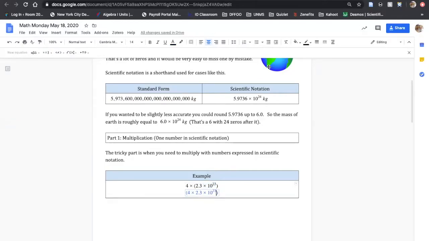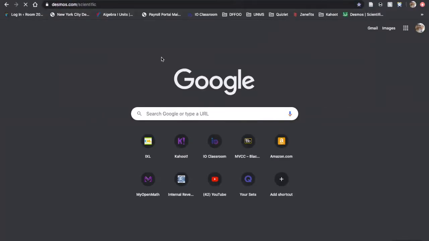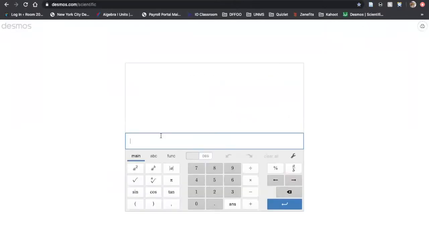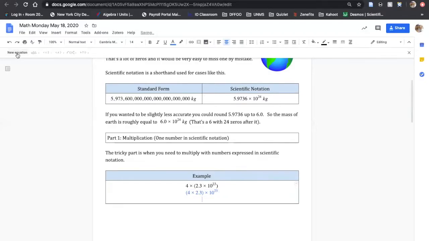All I actually need to do is throw that into a calculator. So I'm going to pull up your Desmos Scientific Calculator, which you have bookmarked. And I'm just going to put 4 multiplied by 2.3, see what that spits out. 4 times 2.3, 9.2. So my end result is just going to be 9.2 times 10 to the 23rd.